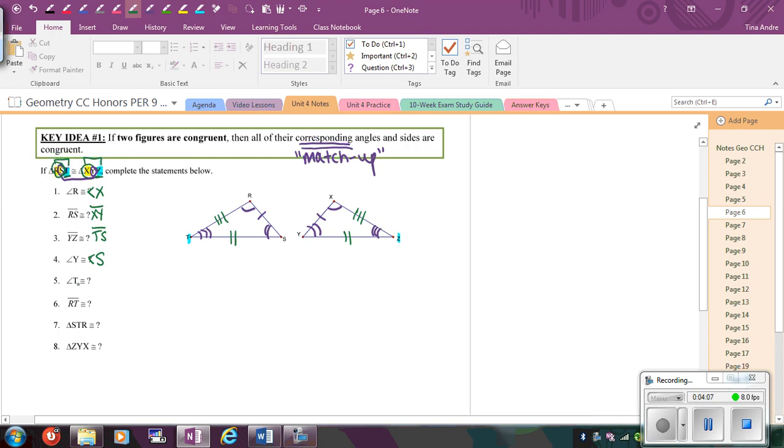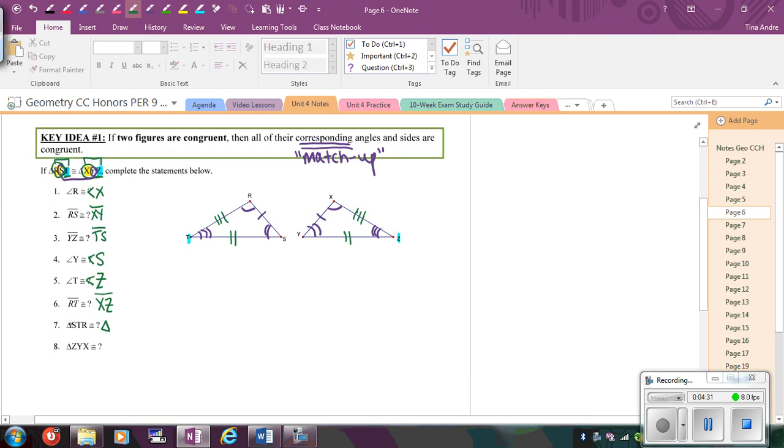Angle T is going to match up with angle Z. Notice my notation. I'm keeping the little angle symbols. RT matches up with segment XZ, or you could say ZX. It doesn't matter. And you put the little bar above that. Now when I get into the triangles is where I have to be really careful about the letters. What I usually do is just do one letter at a time.